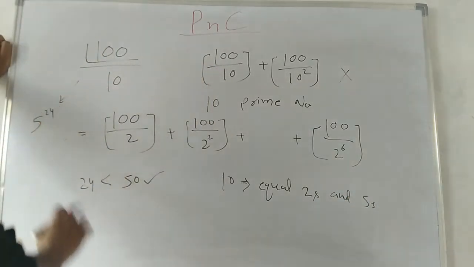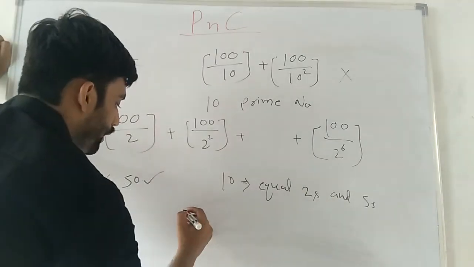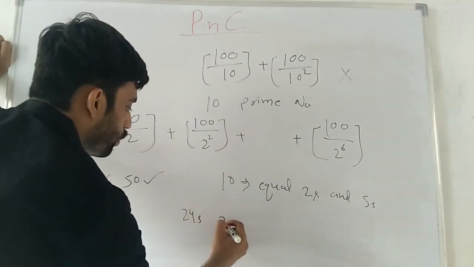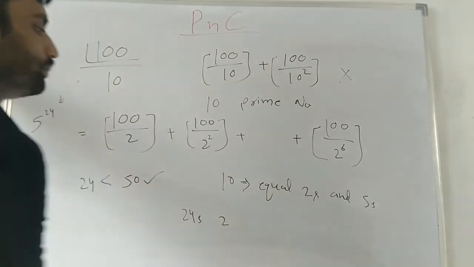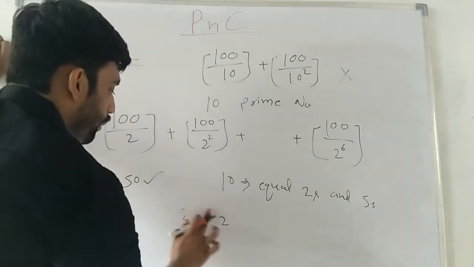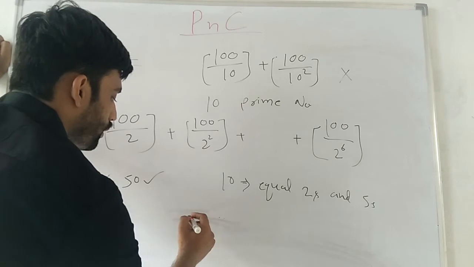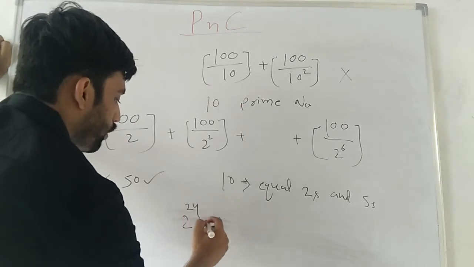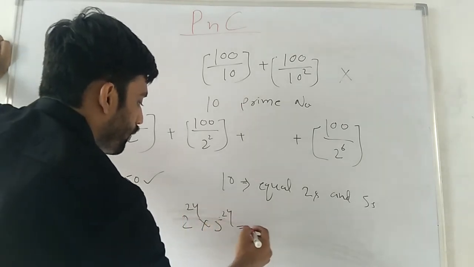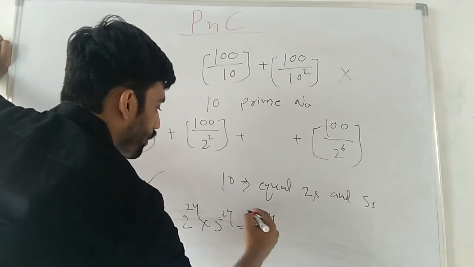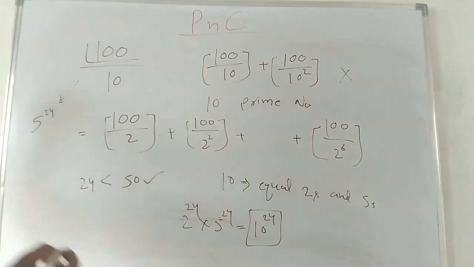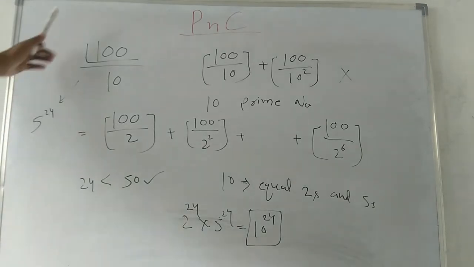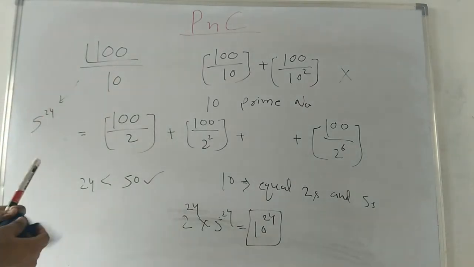We have only 24 fives, so we will need 24 twos, and the power of 10 will become 2 to the power 24 into 5 to the power 24, which is 10 to the power 24. So there will be 24 zeros in the expansion of factorial 100.